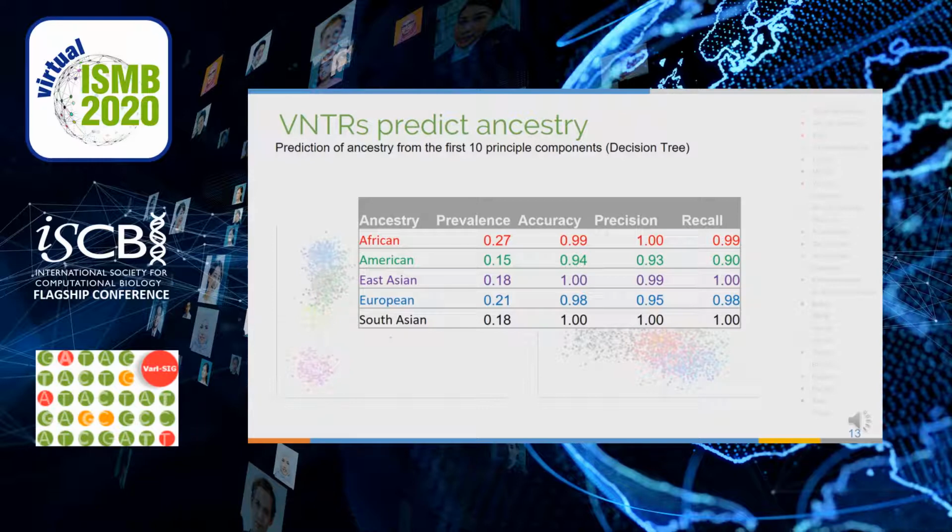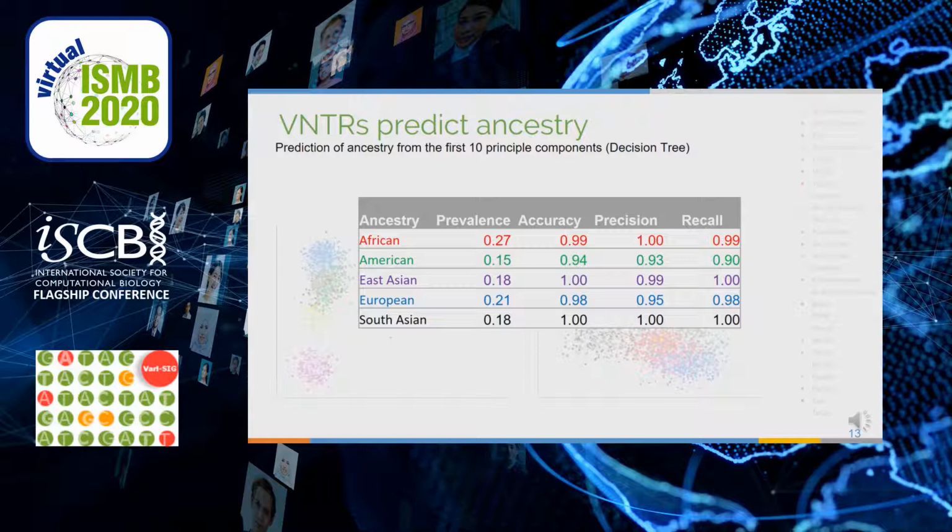So then, using these principal components, we tried to predict the ancestry. I used the first 10 principal components, and I learned a decision tree. I did not need to do a random forest because the decision tree gave good enough results. And looking at the data, that was pretty balanced for the different populations at about 20% in each population, we could achieve very high accuracy, precision, and recall.